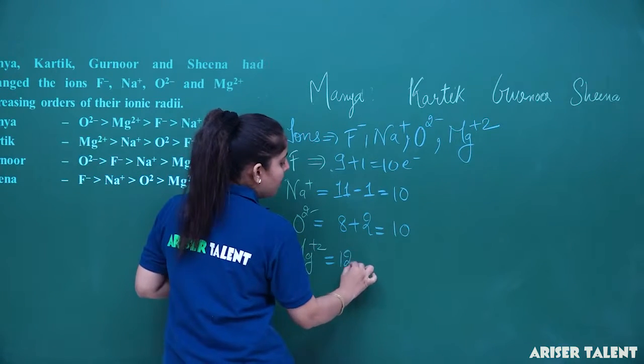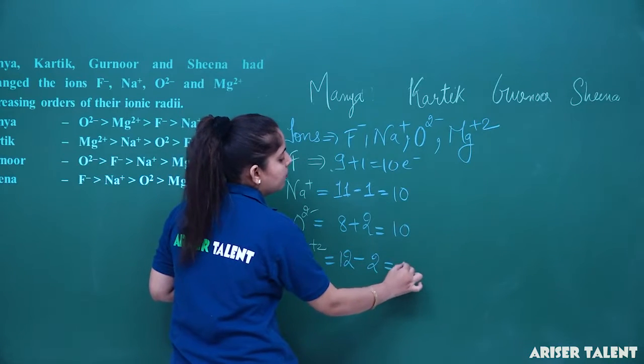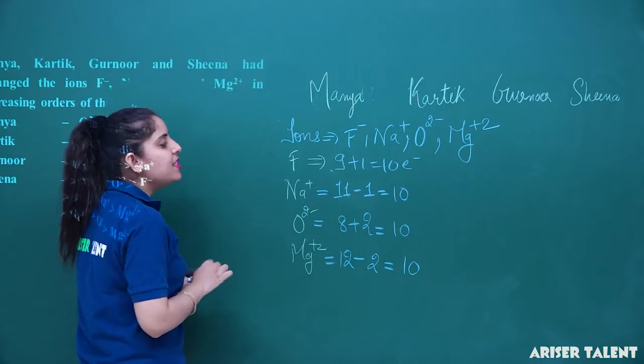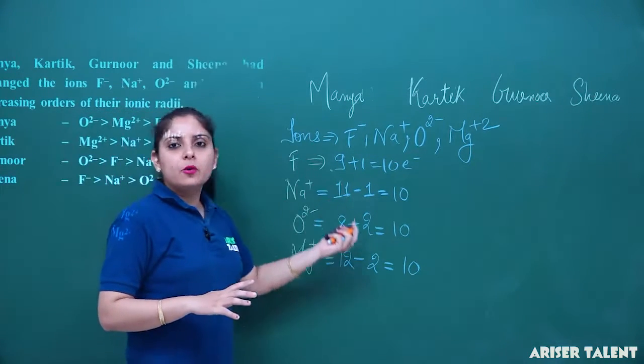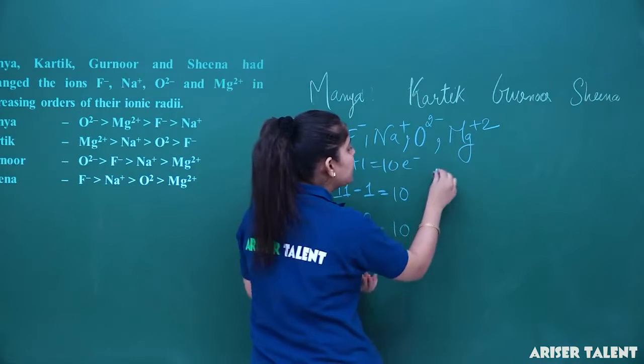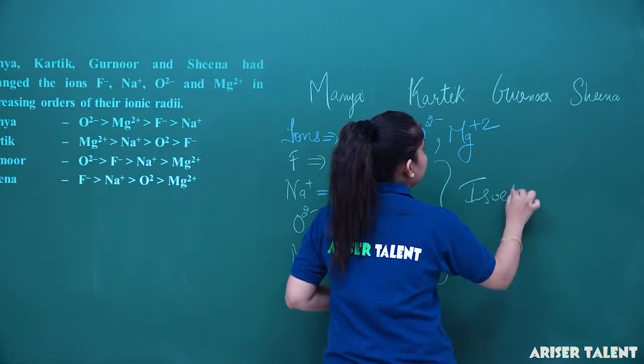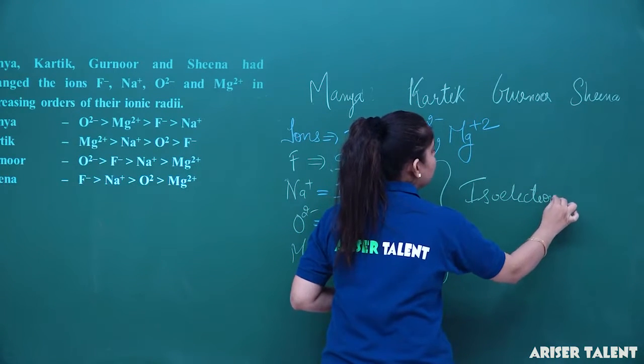Mg plus 2, magnesium atomic number 12, plus 2 means it is losing 2 electrons, 10. Now, you can see that all the electrons are 10. So, I can say that these are isoelectronic species in which the number of electrons are the same.